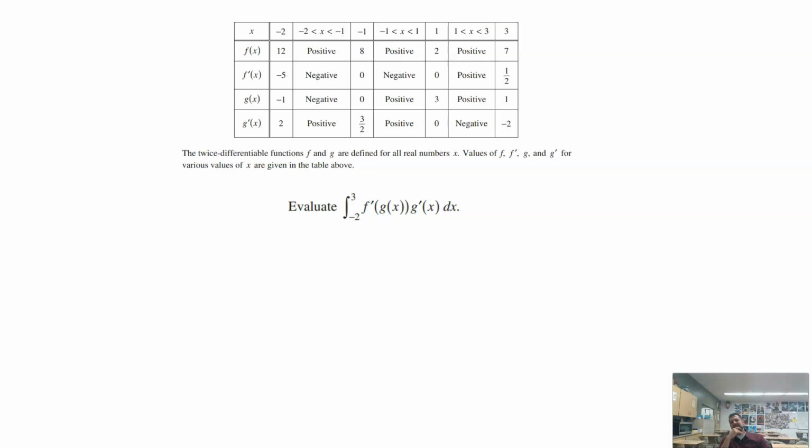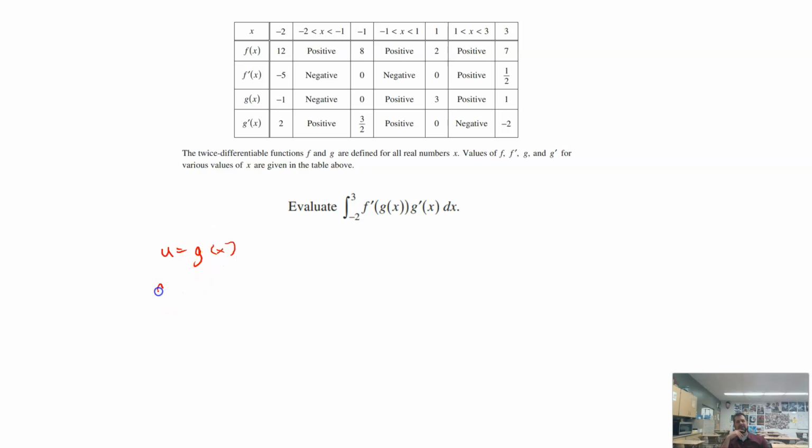Letter D, this one's tricky because it wants us to evaluate the integral from -2 to 3 of f prime of g of x times g prime of x. Well, that looks really weird, and what you have to understand on this one is there's no way to take the antiderivative directly, and the only way that we know how to take the antiderivative of complicated things is by using u substitution.